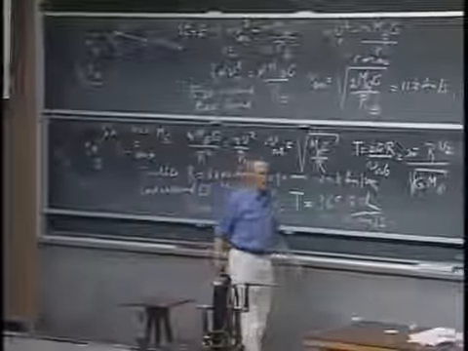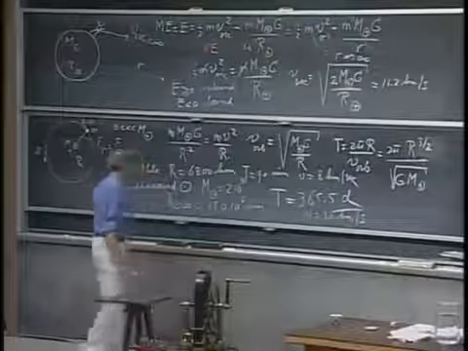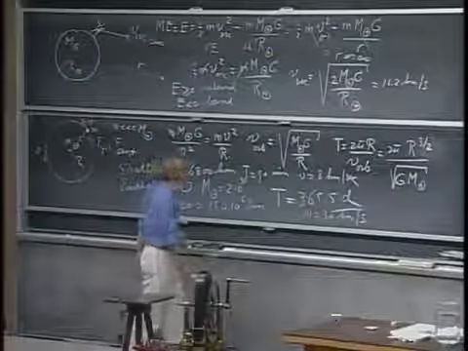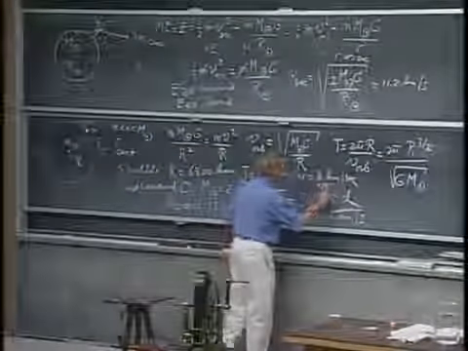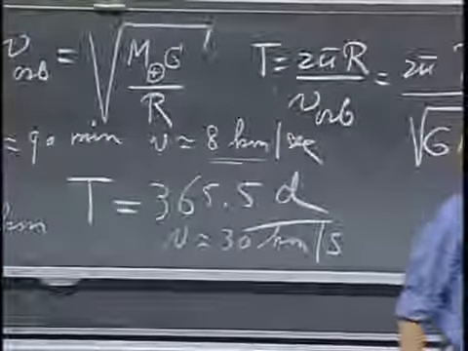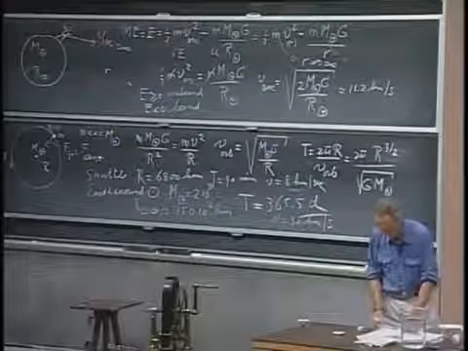If you wanted to escape from the Earth, then you need 11.2 kilometers per second. If you are near Earth in orbit, you are at 8 kilometers per second, and 8 times the square root of 2 is exactly that 11.2. So you see the connection is always through this square root of 2.